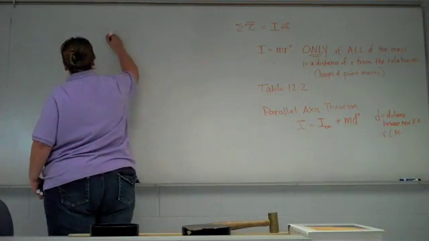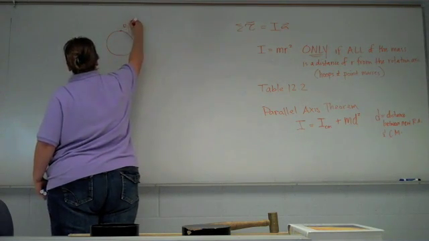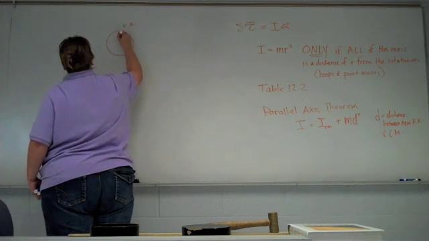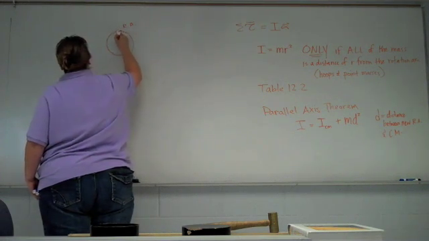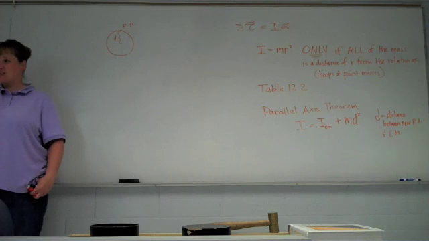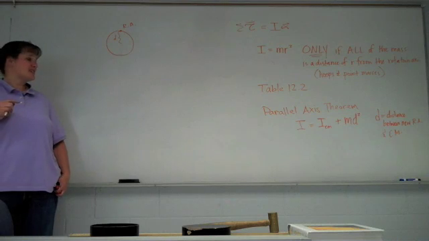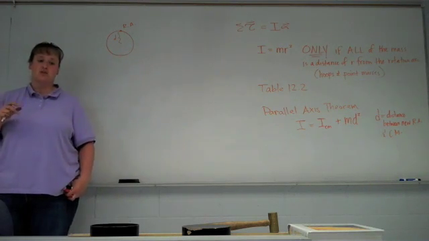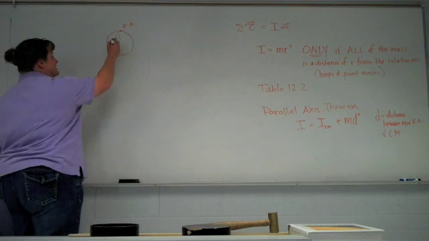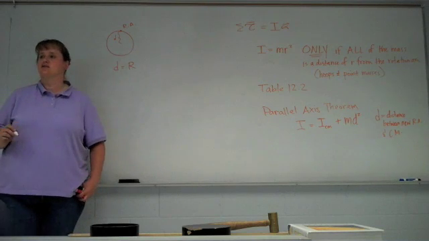So here's our hoop. Here's our new rotation axis. d is the distance between our new rotation axis and where the center of mass is located. So in the example of holding the hoop at the outside edge, d would be r, the radius of the actual hoop.